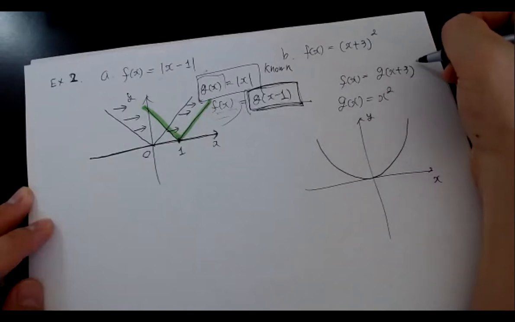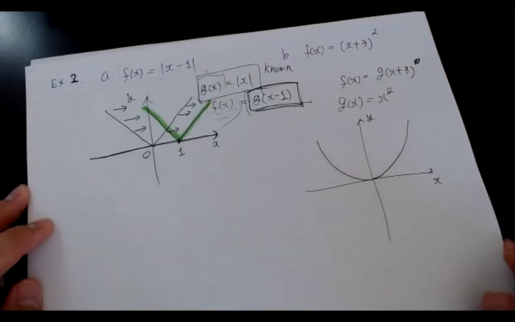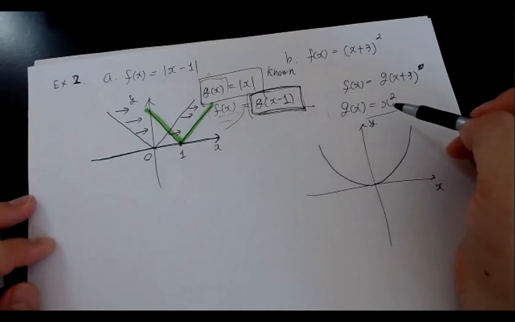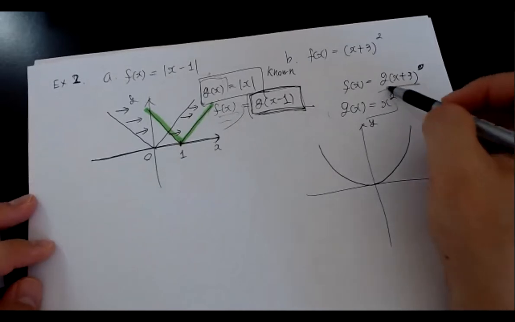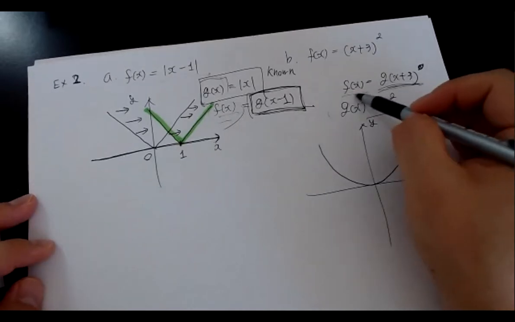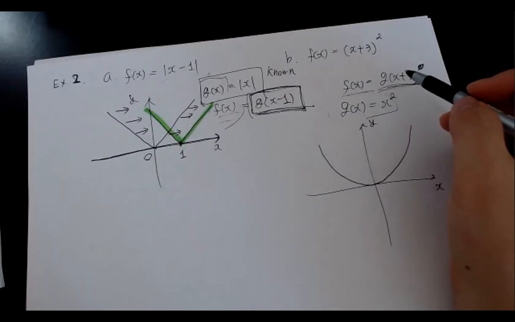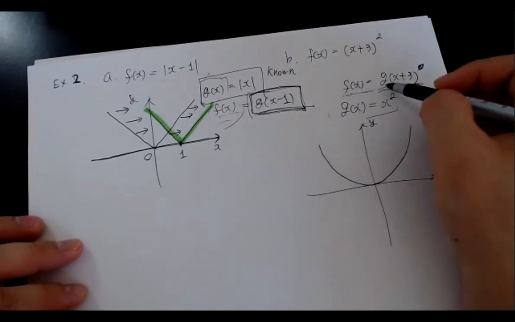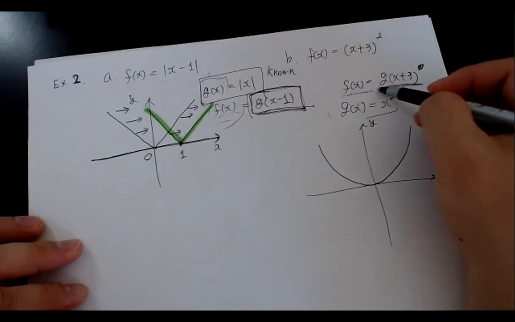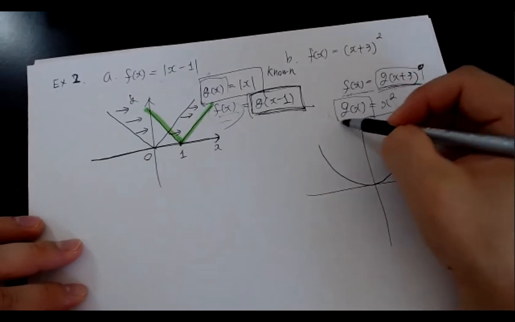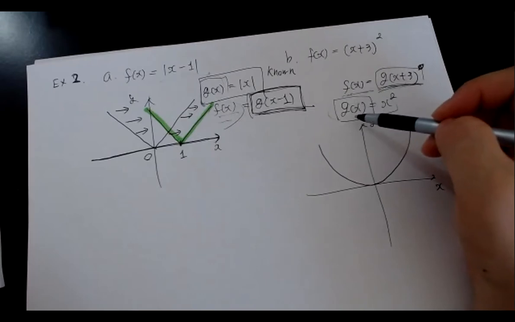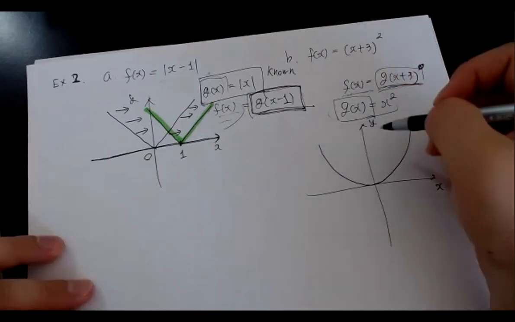Now I think you understood how we get the relationship between the graph of a known function and the function we want to plot. So f of x is equal to g of x plus 3, and we get its graph by shifting the graph of g of x to the left 3 units, right?